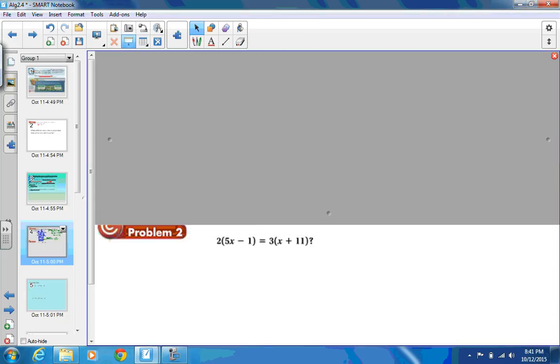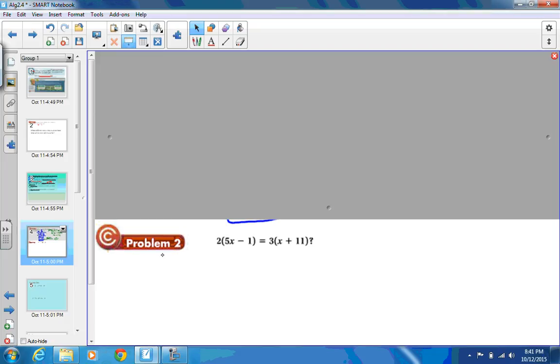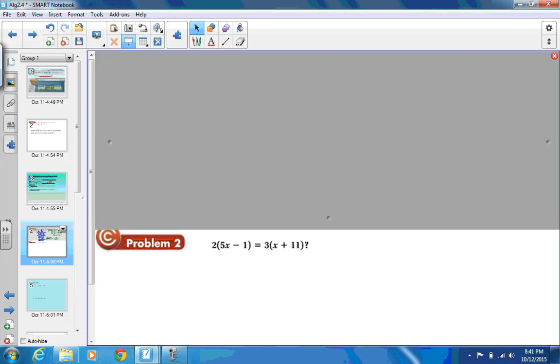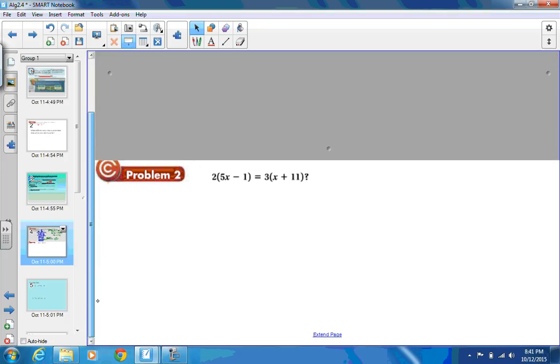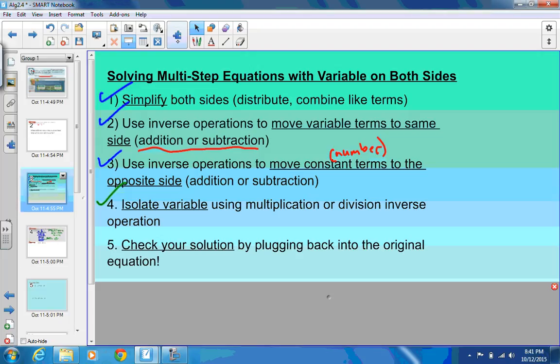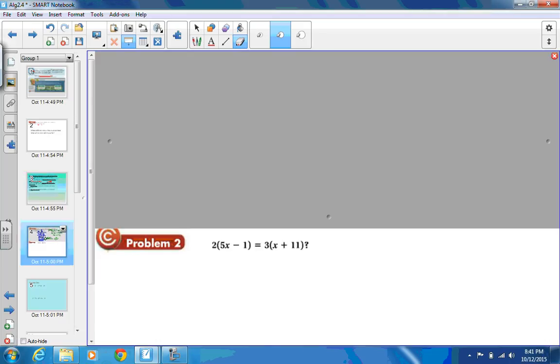We'll just do that so we have our space here. This one, you're going to notice you actually have to do step 1 here, which would be to simplify both sides using either distributive property or combining like terms if possible. Here we have the distributive property, so we're going to have to use that. So we're going to distribute 2 to the 5x and 2 to the 1.